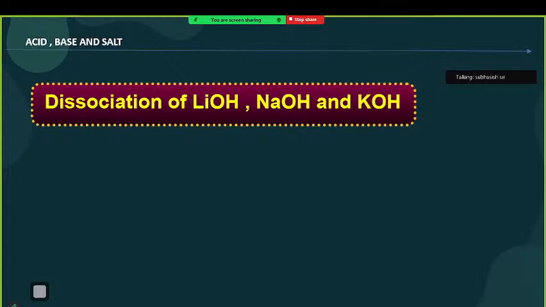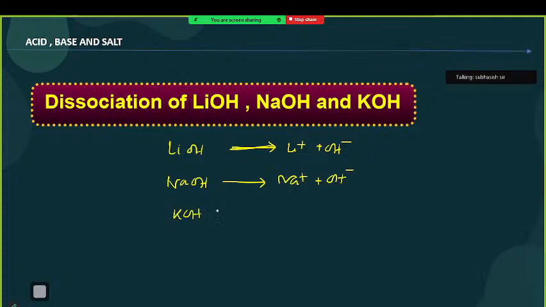Like lithium hydroxide, it easily dissociates with the formation of lithium plus ion and OH minus ion. Here is the dissociation of lithium hydroxide. There is no reversible nature, only because lithium hydroxide is a strong alkali. Similar dissociation occurs in sodium hydroxide, sodium plus and OH minus, and also in potassium hydroxide.